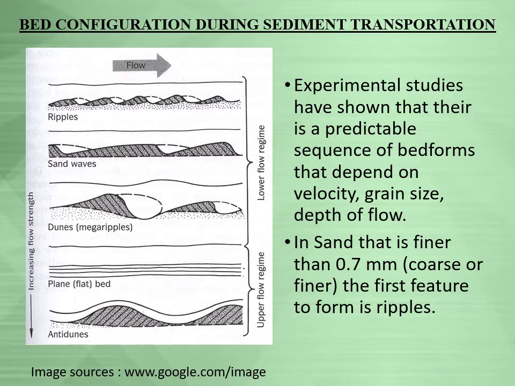Now, if we plot the changing bed forms, that means with a directional flow, how the sediments are transported and form particular sedimentary structures. If we plot those bed forms with increasing flow strength, flow energy for a unidirectional flow, we can get these kinds of structures.